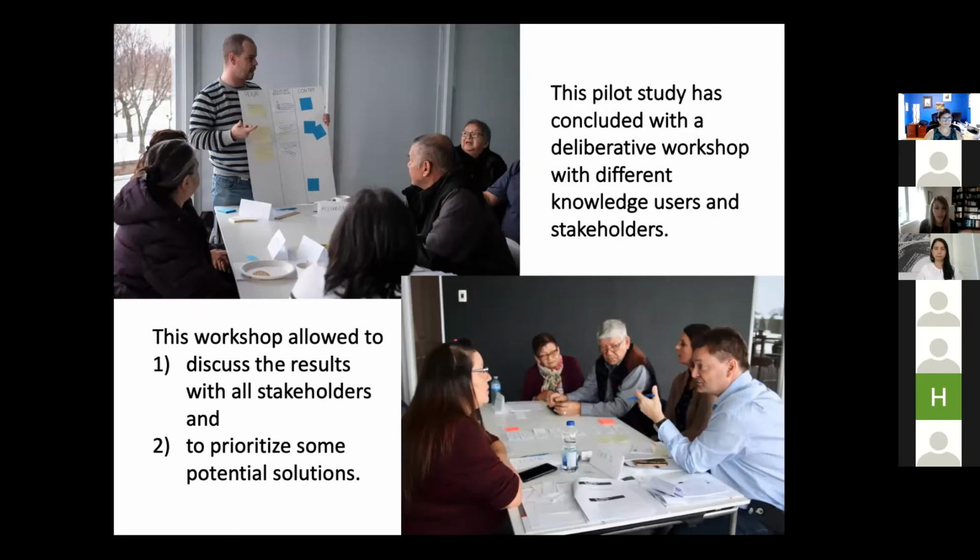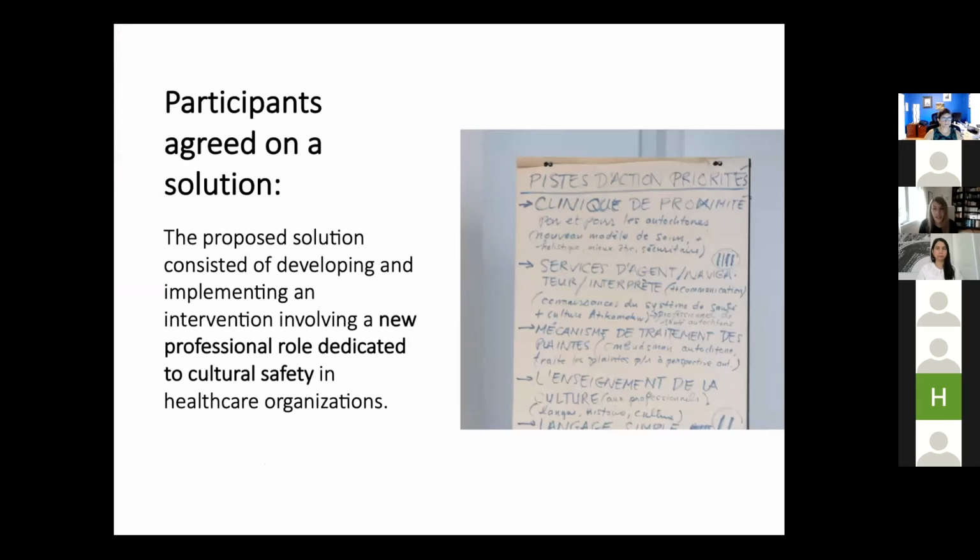And the workshop allowed us to really discuss the results together with all the stakeholders and to prioritize some potential solutions. And at the end of the workshop, the participants agreed on a solution, which was to develop and implement an intervention involving a new professional role dedicated to cultural safety in healthcare organizations.